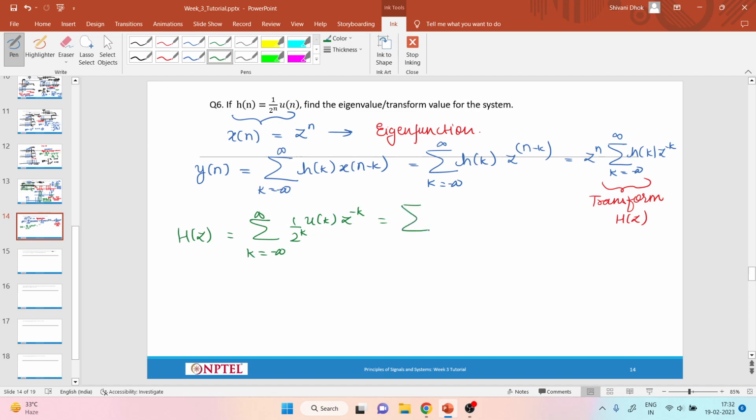So I can change this to k running from 0 to infinity of 1 by 2 power k into z power minus k. This I can write as summation k from 0 to infinity of (1 upon 2z) whole power k. Now this is an infinite geometric progression, which will be equal to 1 upon 1 minus 1 by 2z.